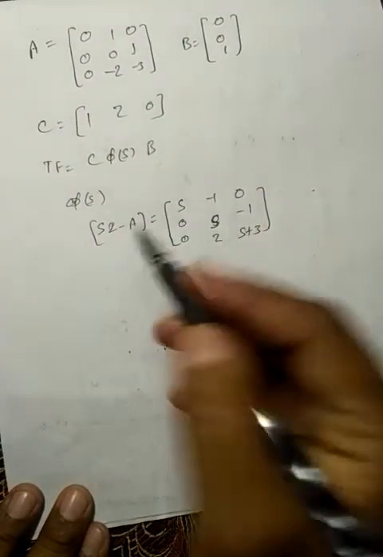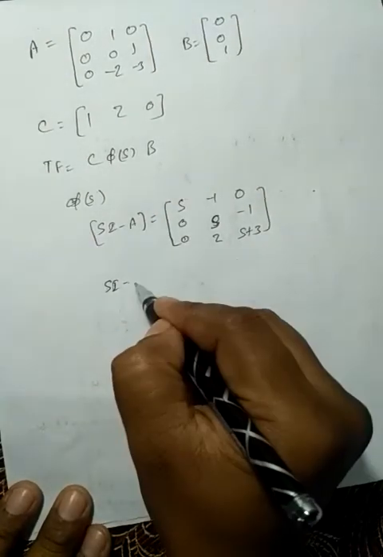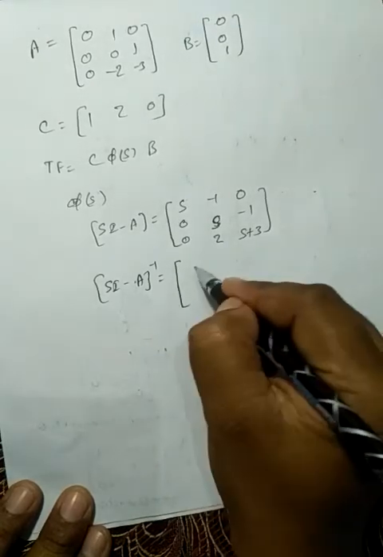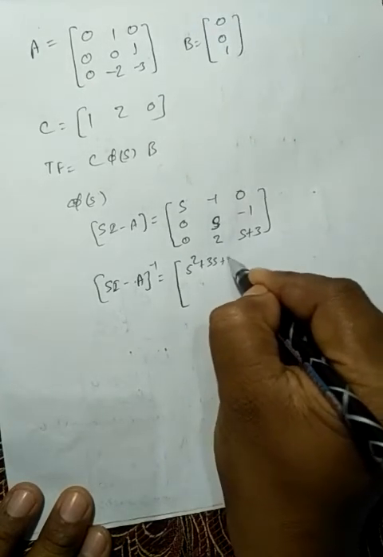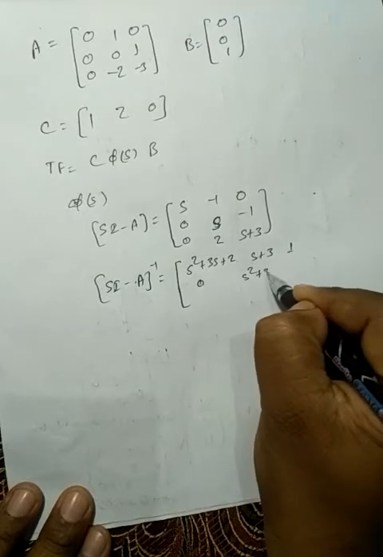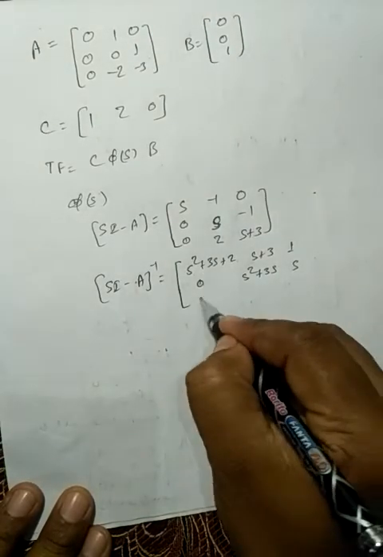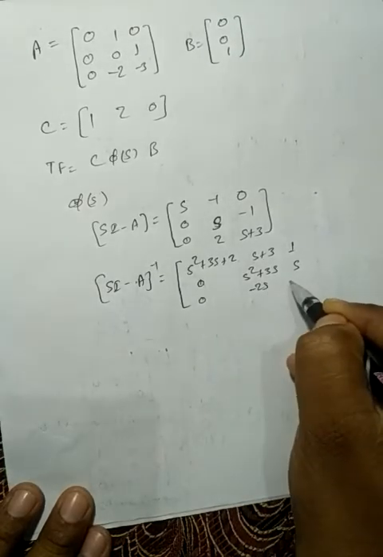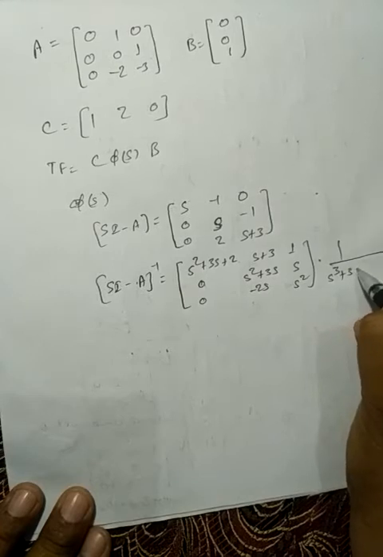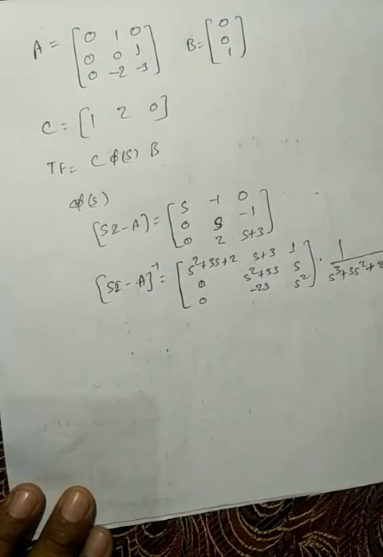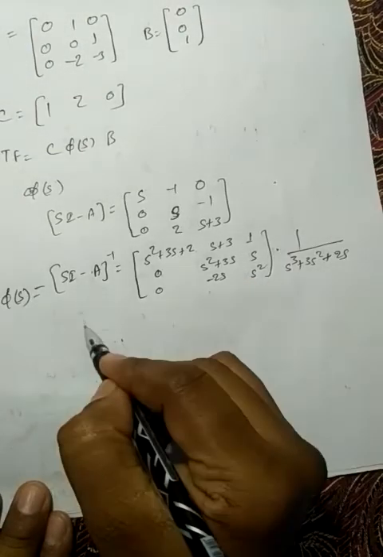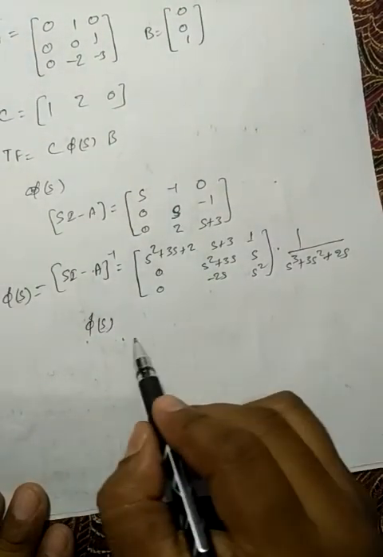We find its inverse, (sI minus A) inverse, and we'll get S square plus 3S plus 2, S plus 3, 1, 0, S square plus 3S, S, 0, minus 2S, S square, multiplied by 1 divided by S cube plus 3S square plus 2S. And this is our phi(s), right?